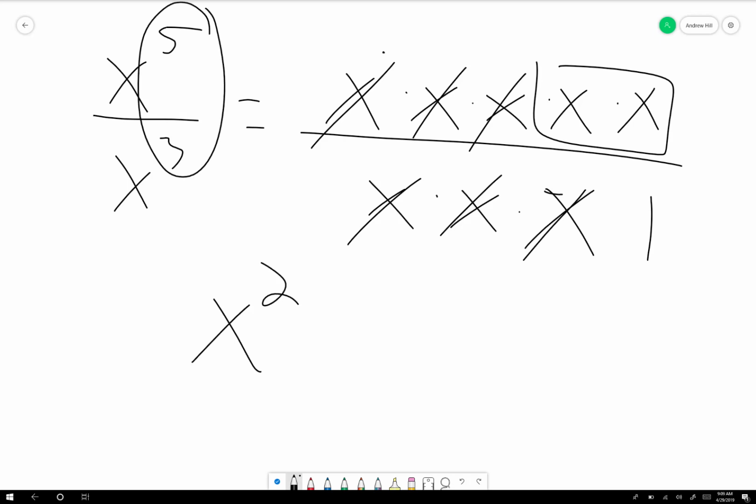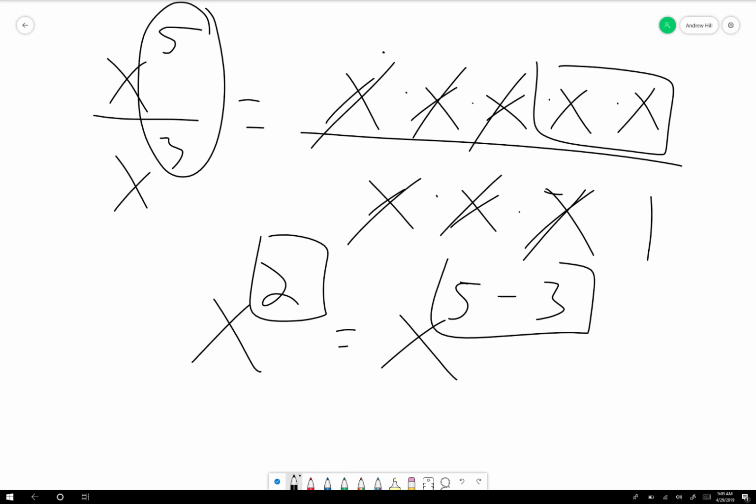How could we get the squared from the powers if we were doing this quickly? Well, we should note that that's x to the 5 minus 3. So it's the opposite rule, right?